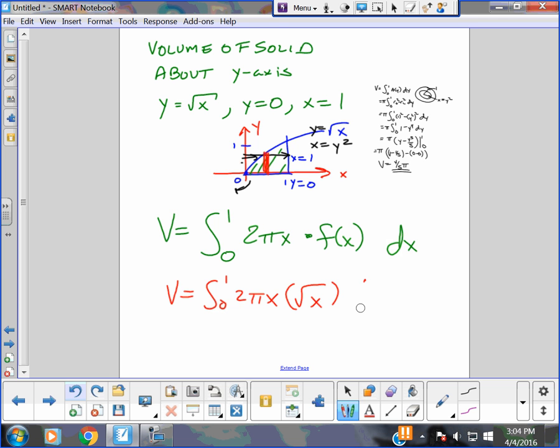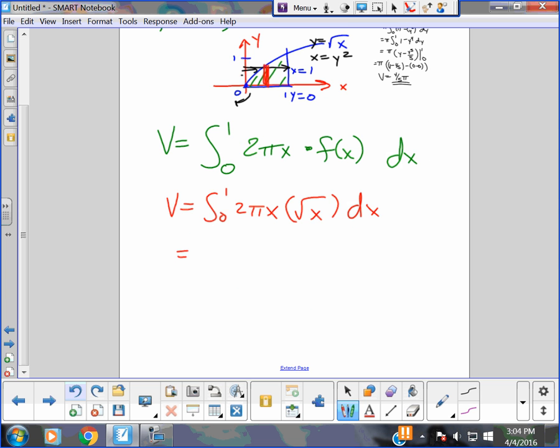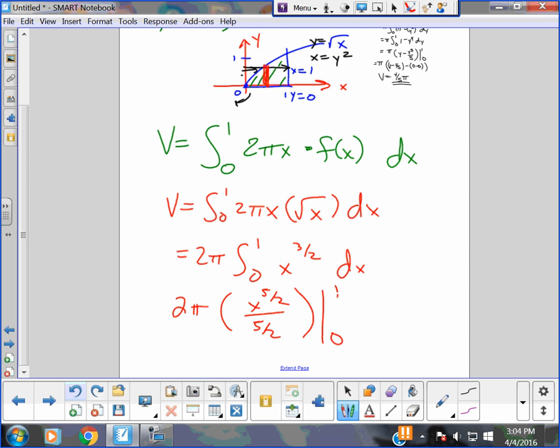I can pull the 2 pi out, and I can use my algebra 2 rules and say this is x to the 3 halves. I can pull 2 pi out and do the antiderivative. The antiderivative of x to the 3 halves is x to the 5 halves over 5 halves, from 0 to 1.